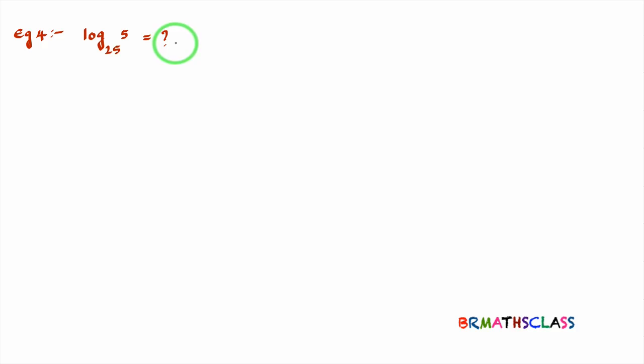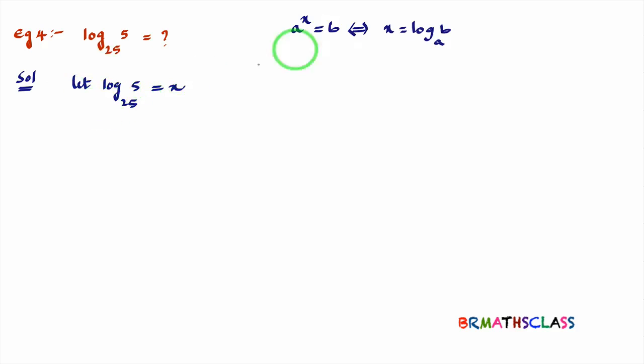If you identify it directly, write the answer directly. Otherwise, go through the procedure. What is the procedure? You take log 5 base 25 as x. So you need to find this value now. Here this can be written as 25 power x equal to 5. How can you write like this?